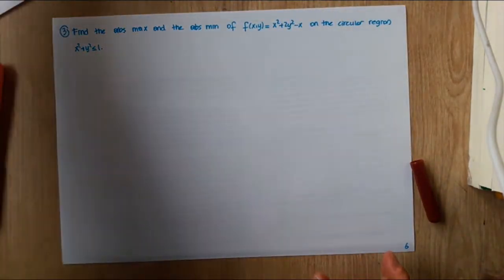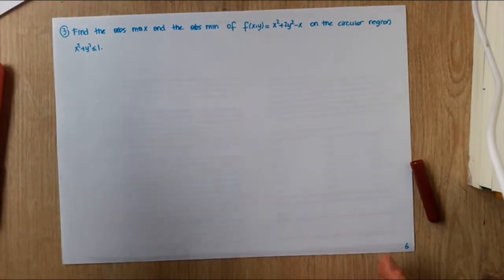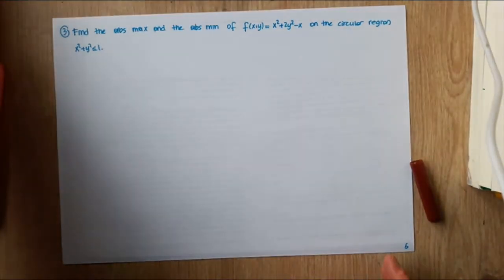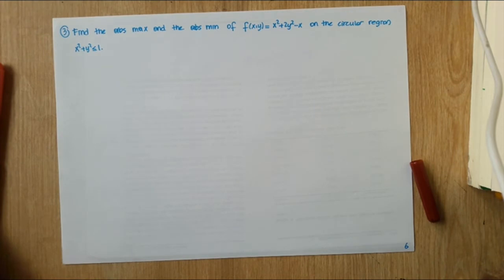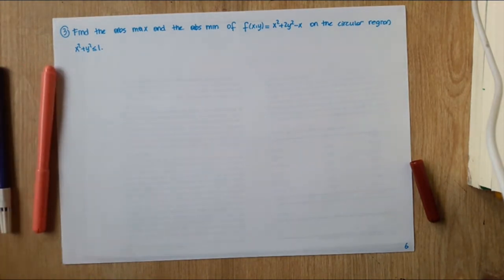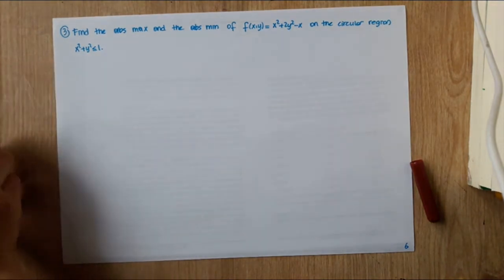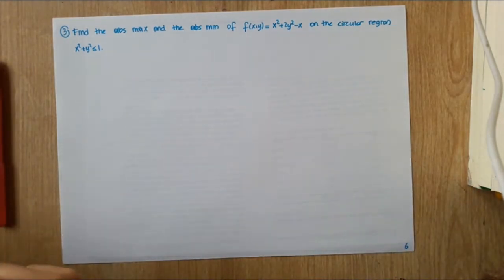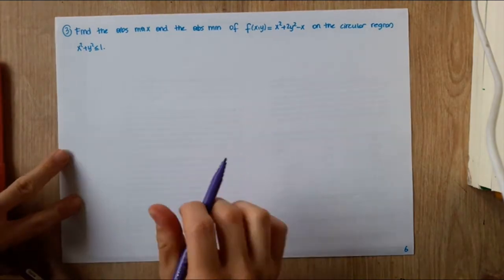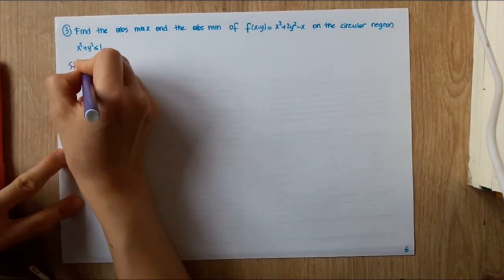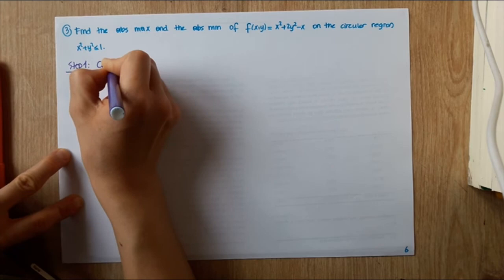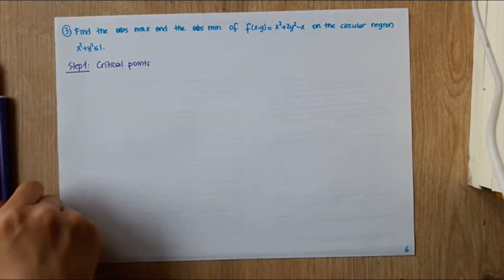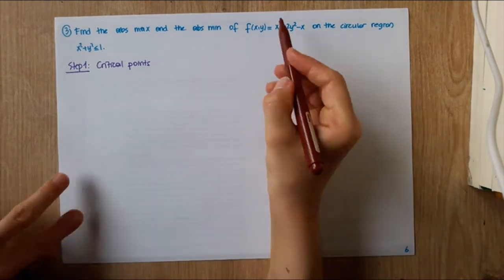Okay. So let's solve the next problem. And this time, we are given a circular region, not a rectangle, not a triangle, but a circular region. So to find the absolute minimum and absolute maximum, again, I will follow the same steps. In step 1, I will find the critical points. Okay, so the function is here.